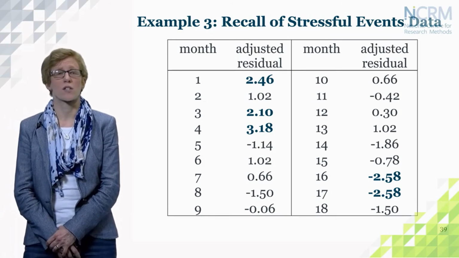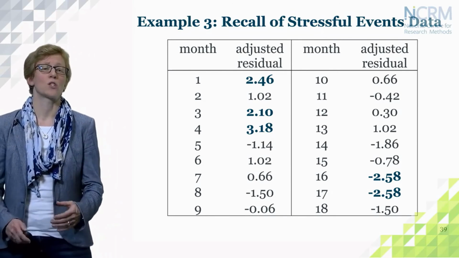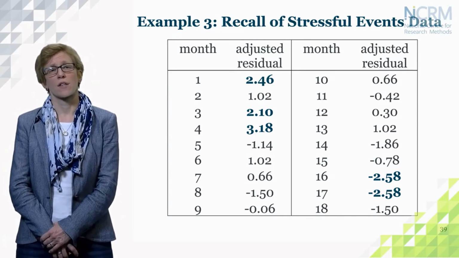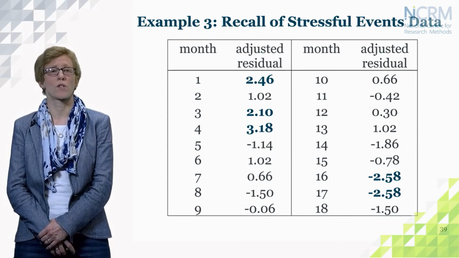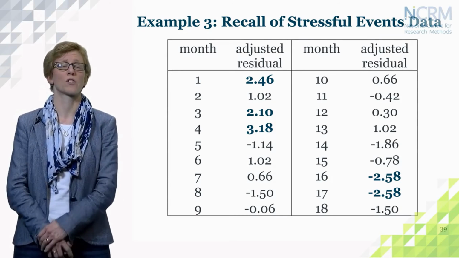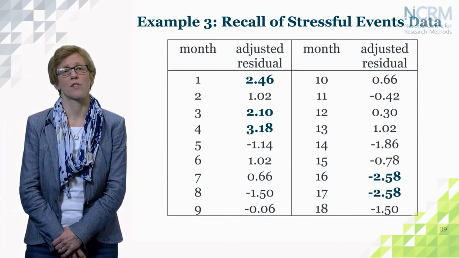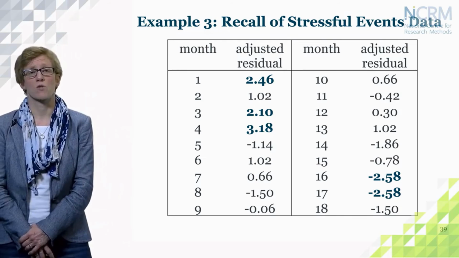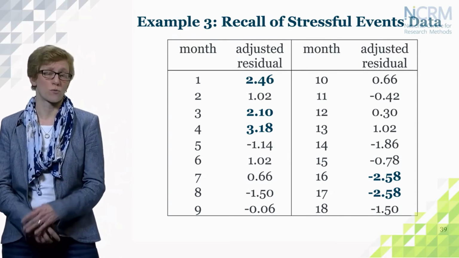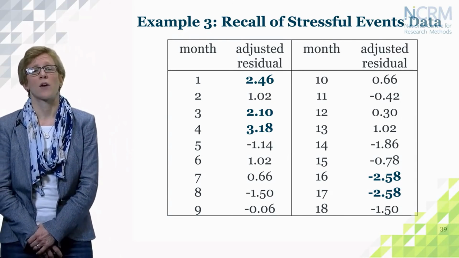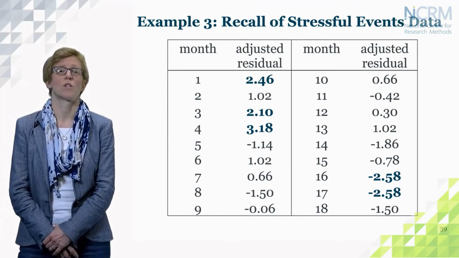We obtain the adjusted residuals, and for each category, basically for each month, we look at the adjusted residuals that are greater or smaller than 1.96, comparing it with the normal distribution that would hold if H0 actually holds. And if you see this bigger discrepancy, so adjusted residuals larger than 1.96 or smaller than minus 1.96, that would give us an indication that there is divergence from the H0 hypothesis.